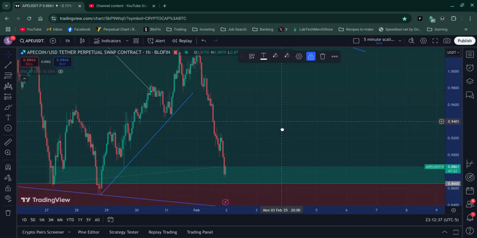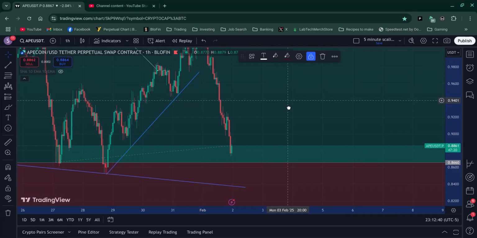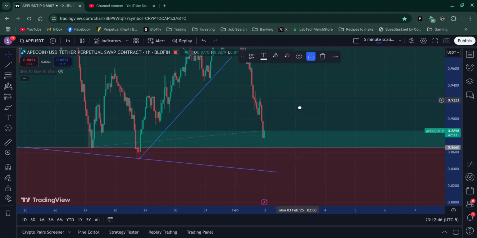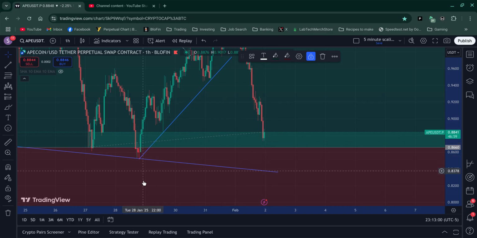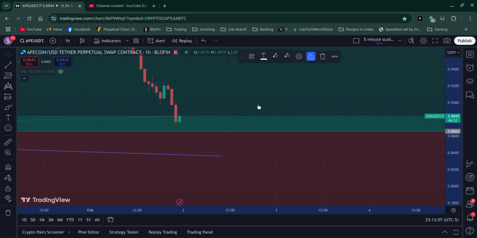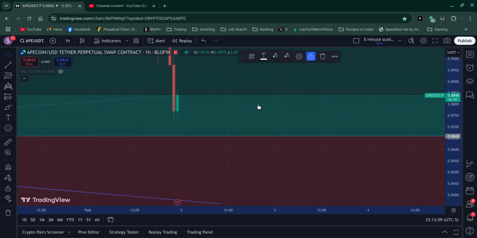So we had our breakdown, and now we're getting into this area, and hopefully we're going to find some support sort of around here. Now it does look like on the 1 hour we have a low here, we have a low here, and it would appear that we may have set a higher low than the previous right here on the hourly chart, but we don't know yet.